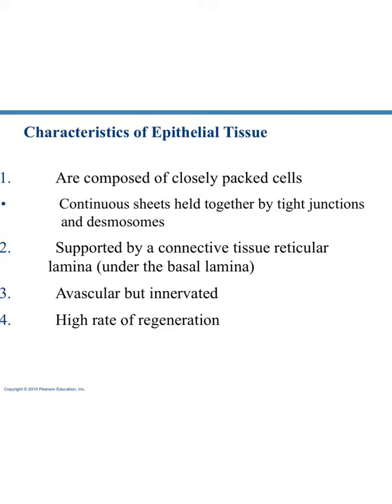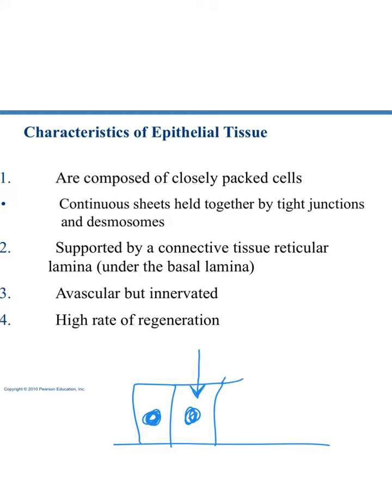Epithelial tissues, as I also showed, are composed of closely packed cells. So let's say we're talking about the skin. If you want something to come in through the skin, through absorption, you want it to have to use the cell transport processes, passive or active, that we previously talked about.